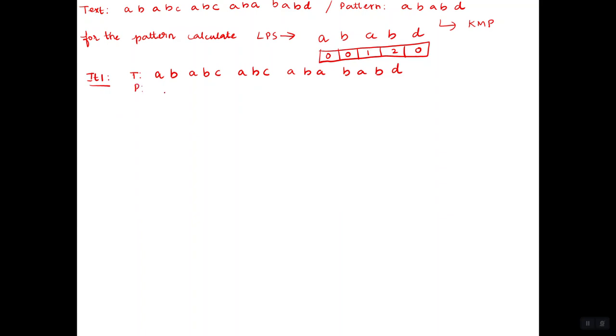The pattern which is given to me is AB, AB, D. So character by character I am going to do a comparison, and I am going to check whether a mismatch is there or a match is there. So the first character is a match, the second character is also a match, the third is a match, the fourth is a match, whereas I am getting a contradiction in the fifth character.